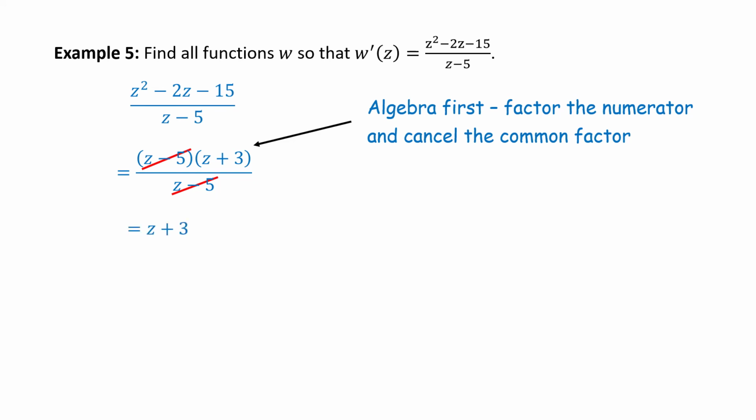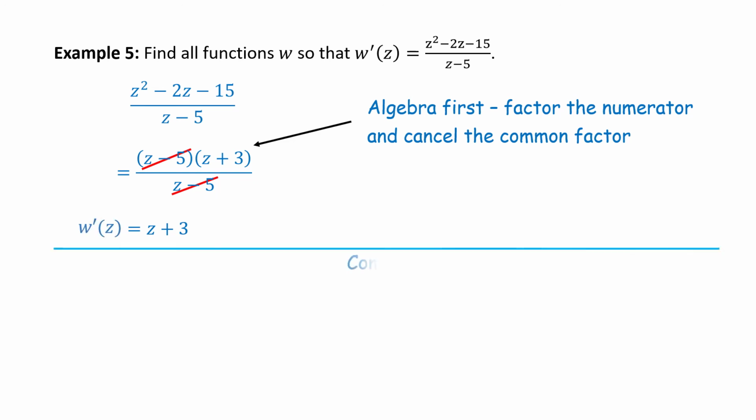We can write w prime of z is equal to z plus 3. Now we'll compute the antiderivative. We'll use the power rule, and so z, with nothing written, it's understood that's a power of 1. Using that power rule, you'll have 1 divided by 1 plus 1, z to the power of 1 plus 1, plus 3 times antiderivative.